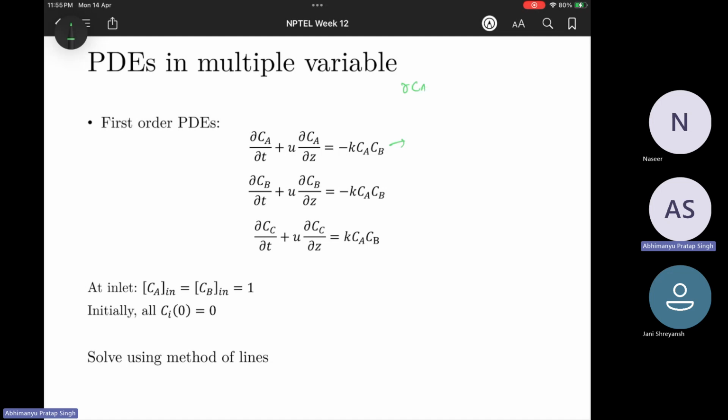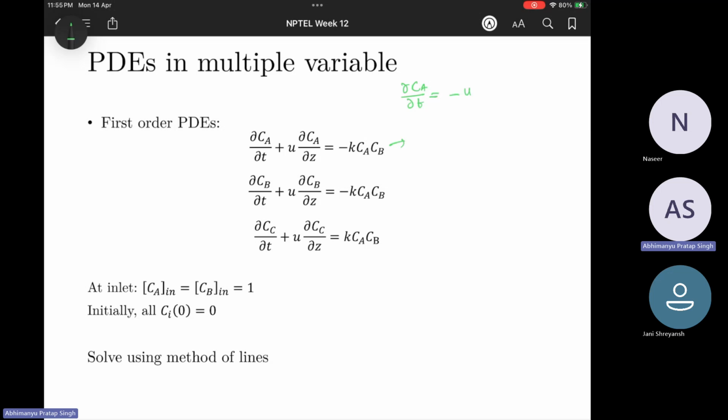So we will be doing something like this, taking i+1, delta Z, minus K CAi CBi.